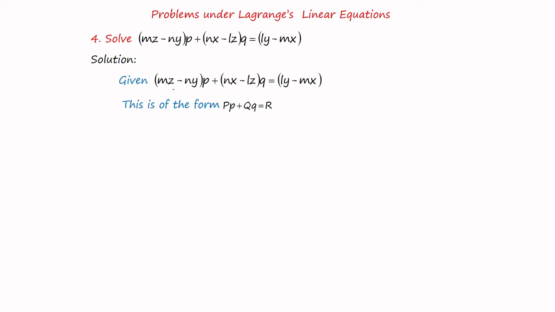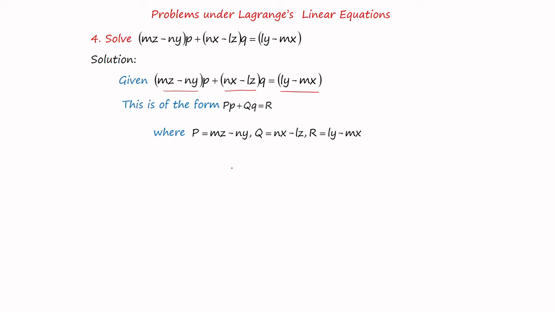Now we have to write what our P, Q and R are. P is equal to mz minus ny, Q is equal to nx minus lz, R is equal to ly minus mx.